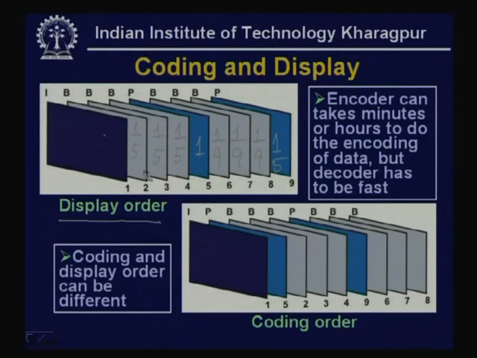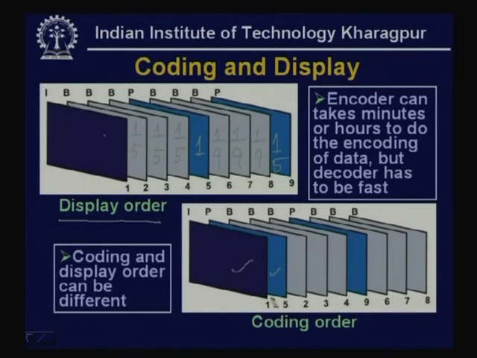Now, because of this dependency, the encoder does not send the frames in the order in which they are to be displayed. First 1 is sent, then 5 is sent, because as you can see 2, 3 and 4 will require the information of 1 as well as 5.